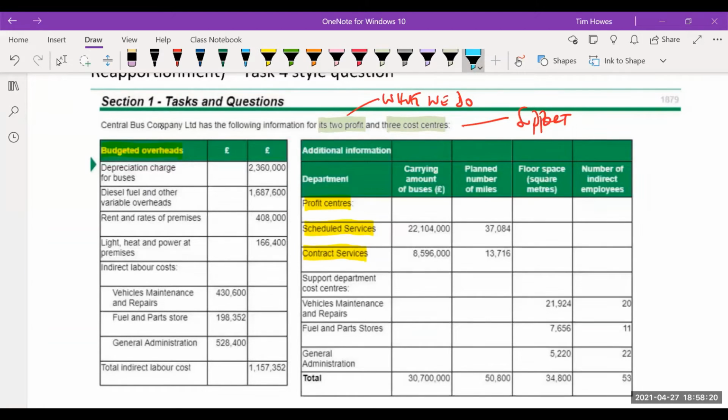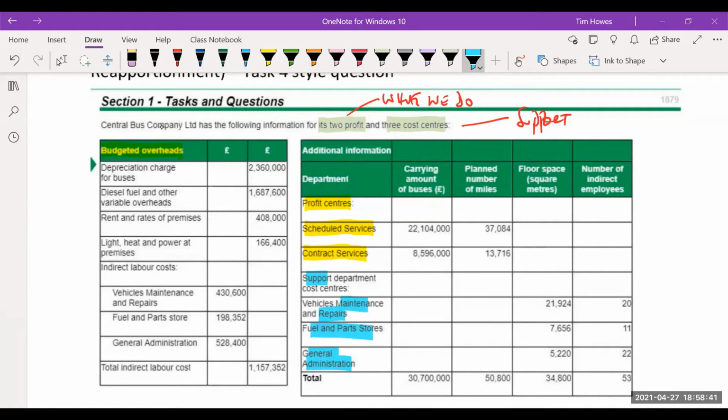Then they've got their support cost centers. So again, you see the makeup of that. As you might have expected, maintenance and repairs of the vehicles, and then a fuel and parts store, and then some general admin down at the bottom here.